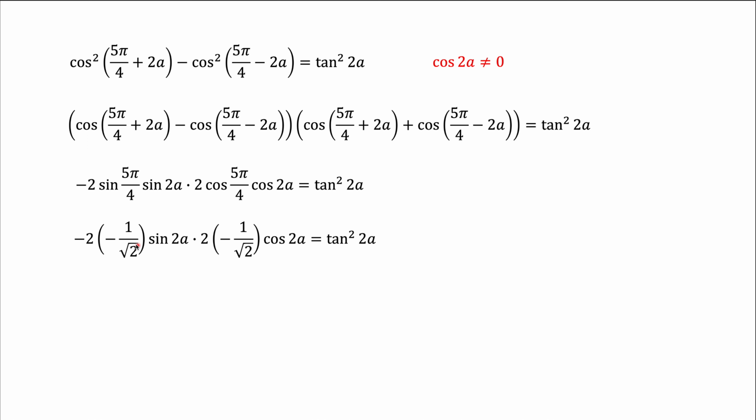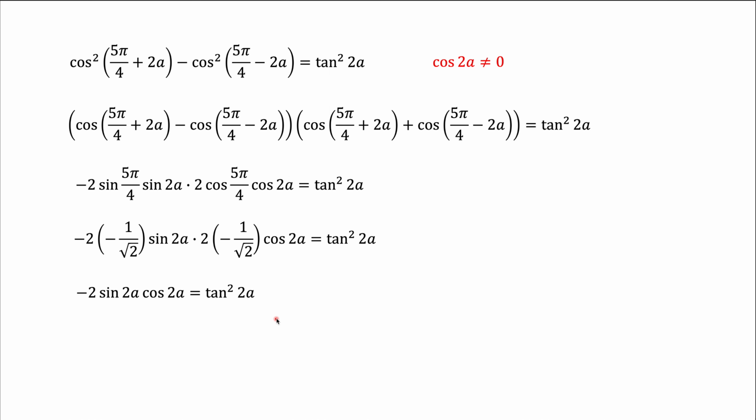Also I have a square root of 2 in the denominator and another square root of 2 in the denominator. That gives me 2 in the denominator. And I can cancel one of the 2's over here. Let's say we cancel this one. If we do, we get this expression, which looks much more manageable.